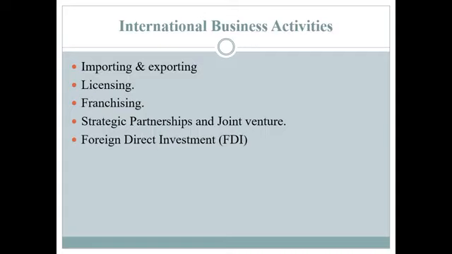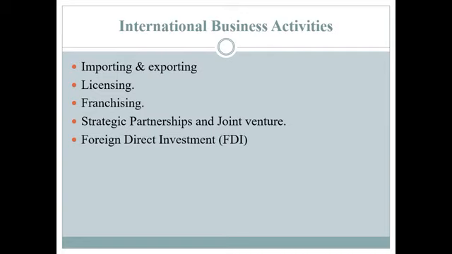Now you can use 5 activities through which you can enter into international business. Which are these 5 activities? Importing and exporting, licensing, franchising, strategic partnership and joint ventures, and foreign direct investment. These are the 5 activities through which you can go international.